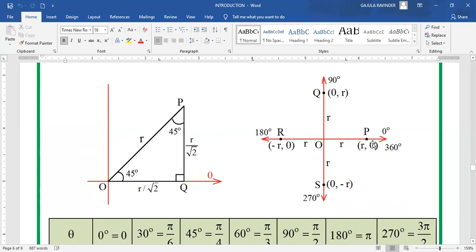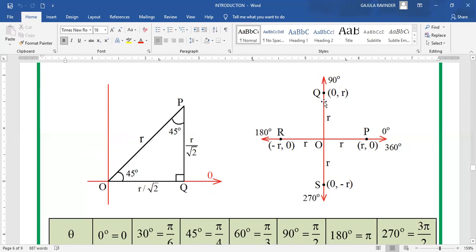Therefore, sine 0 is 0, cos 0 is 1, tan 0 is 0. Therefore, coming to the reciprocals, because sine 0 is 0, cosecant 0 is undefined. Because tan 0 is 0, cot 0 is undefined. And because cos 0 is 1, secant 0 is also 1, reciprocal of 1 is 1. So like that, you can define all the ratios of 0 degrees from this point on x-axis at the distance r.